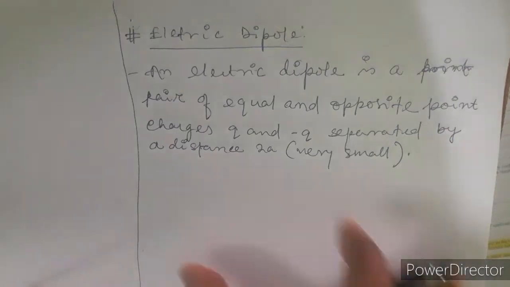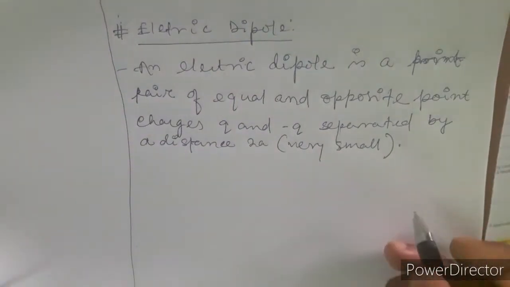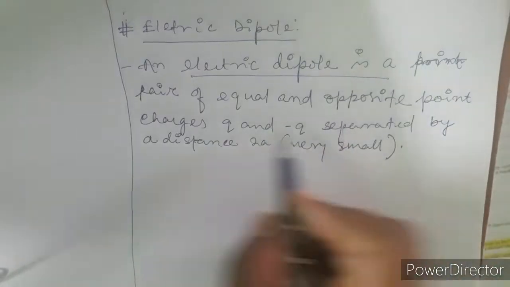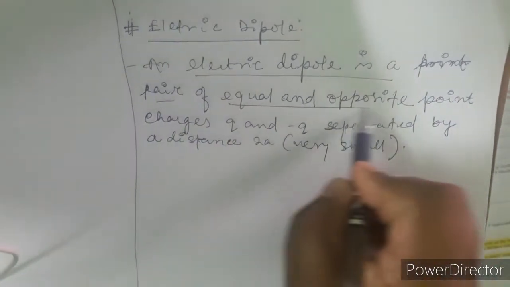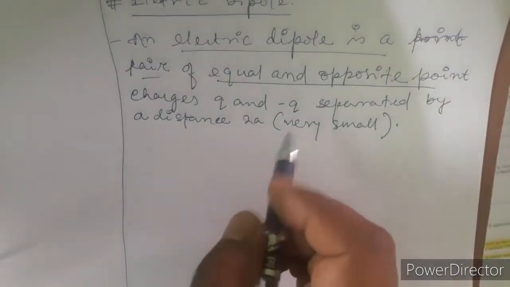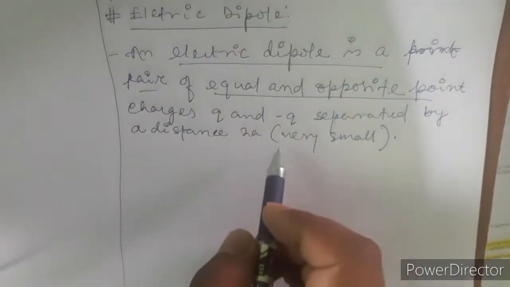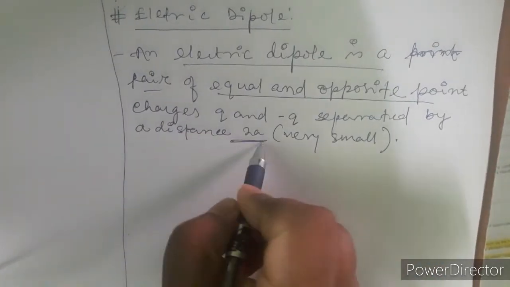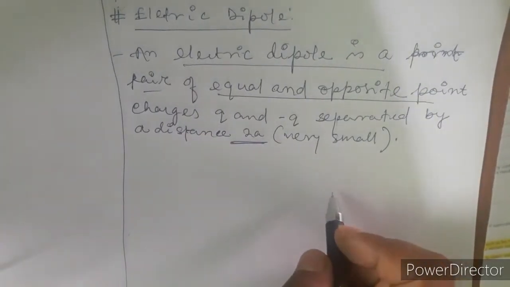As you can see in the definition, the electric dipole is a pair of equal and opposite point charges, q and minus q, separated by a very small distance. Let's say the distance between them is 2a.